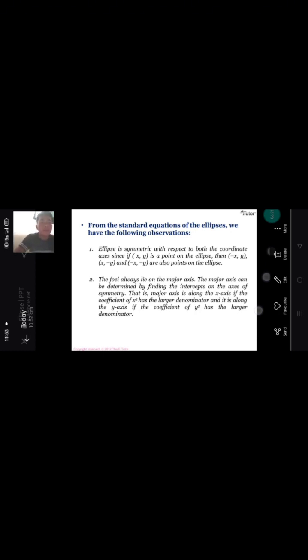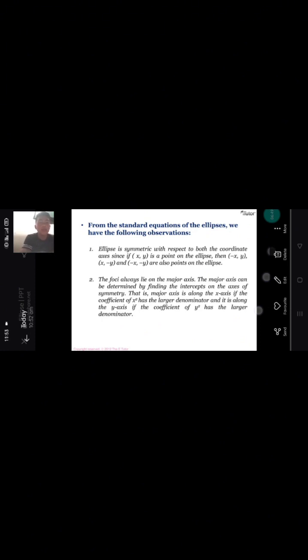From the standard equations of the ellipse, we have the following observations. Number 1, the ellipse is symmetric with respect to both coordinate axes, since if (x, y) is a point on the ellipse, then (x, negative y) and (negative x, negative y) are also points on the ellipse.